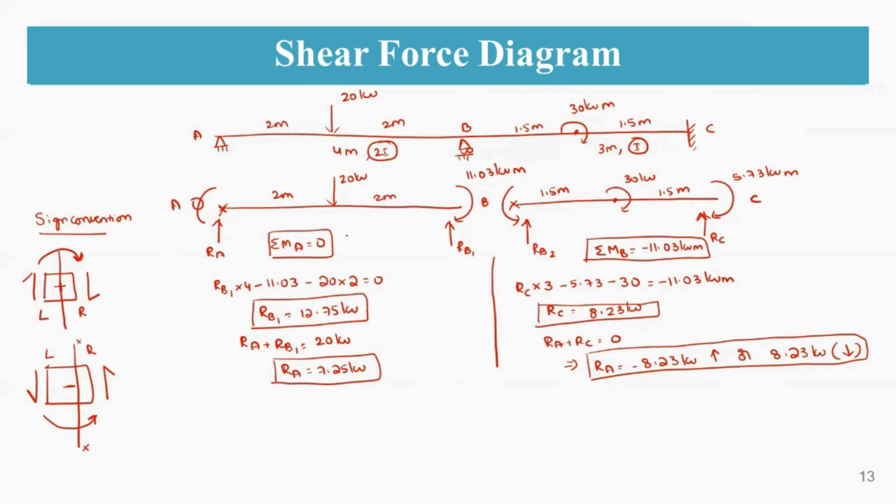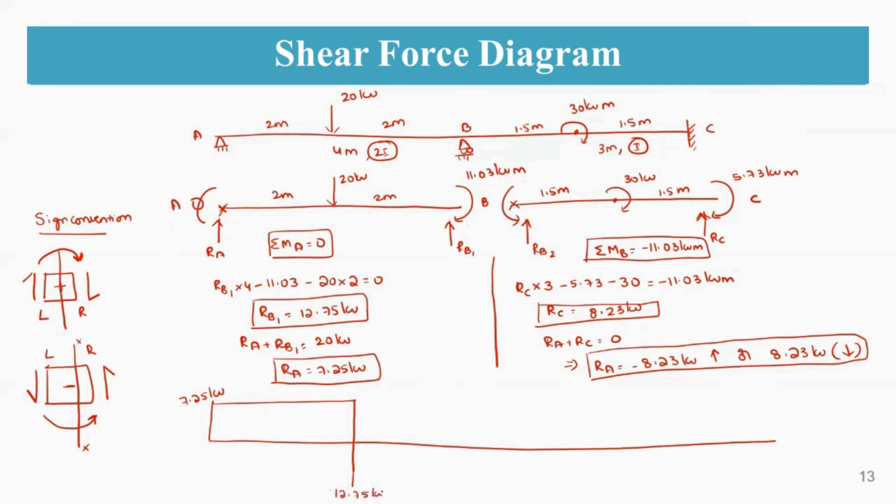So by considering here, RA is upward only, RB1 is upward only, which is of simply supported. So here, as it is simply supported, you can just draw. So this RA is 7.25 kilonewton, whereas your RB1 is 12.75 kilonewton. So till this B point.